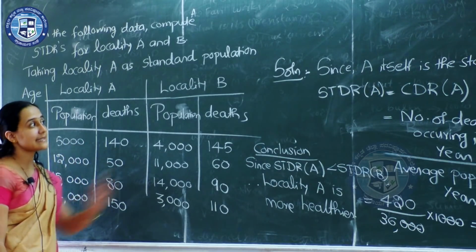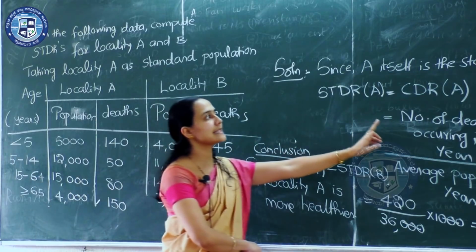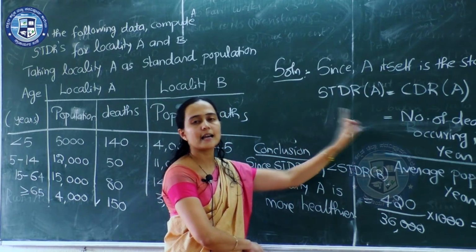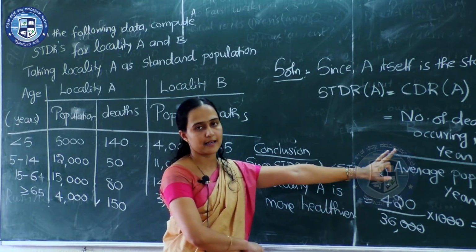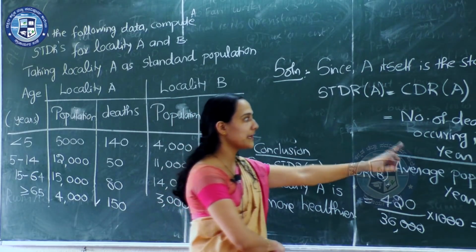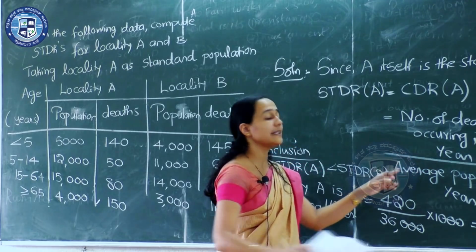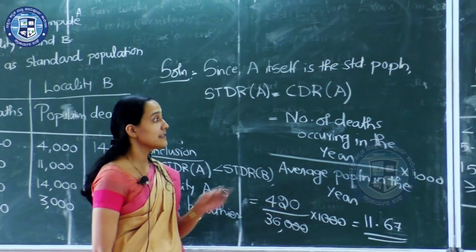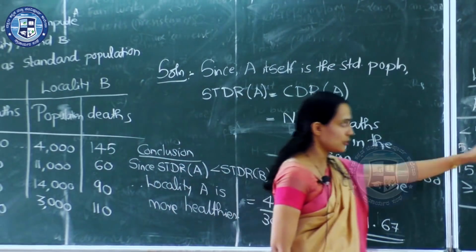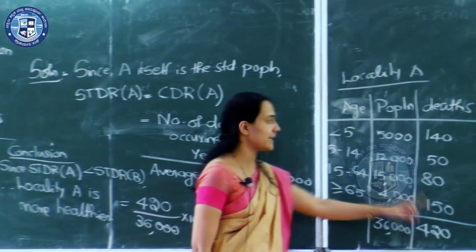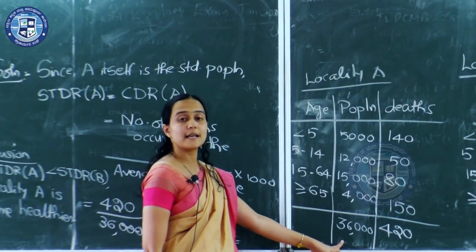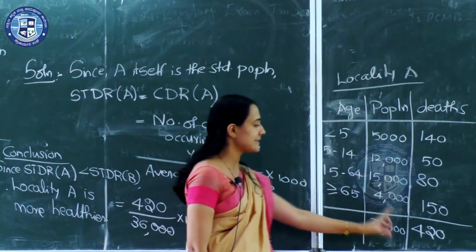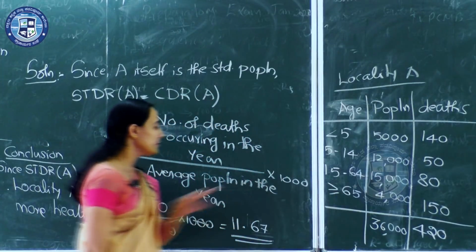So the procedure is, since A itself is the standard population, STDR of A is same as CDR of A. CDR formula is number of deaths occurring in the year divided by average population in the year into 1000. So number of deaths means total deaths, that is this one. Now average population means population A total, that is 36,000 into 1000.